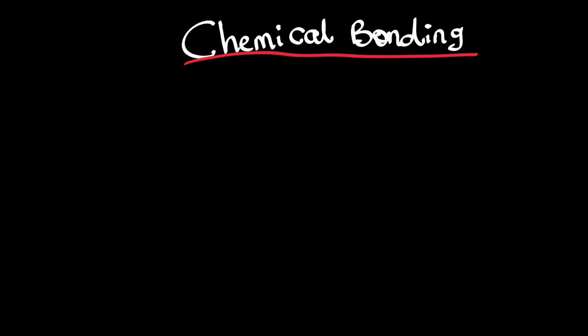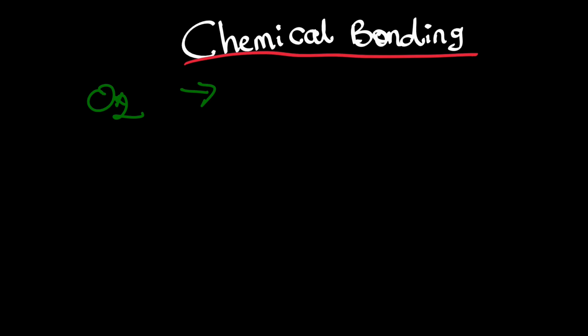The same way, atoms love to be stable too. Most atoms are unstable in their lowly state. Here's what I mean. Let's take for instance oxygen, which is represented as O2.